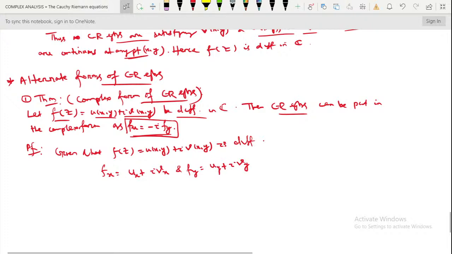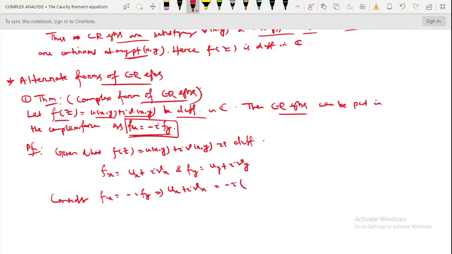Now consider f_x equal to minus i times f_y. So f_x is u_x + i v_x, which is equal to minus i times f_y, that is u_y + i v_y.